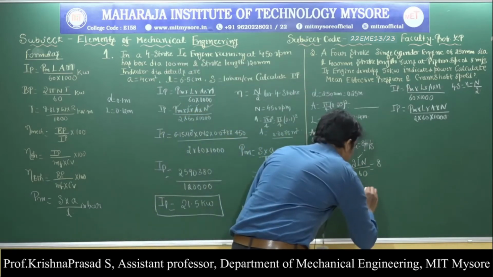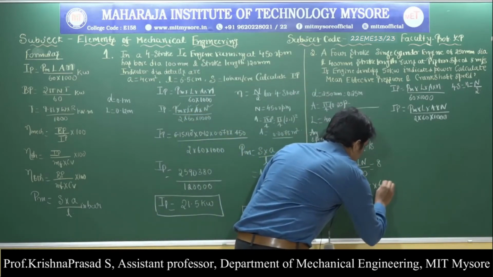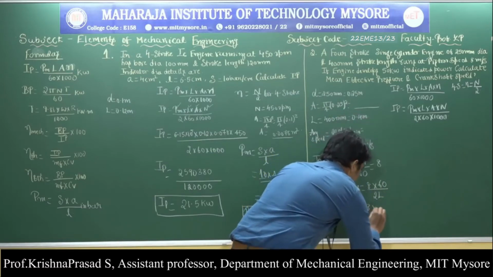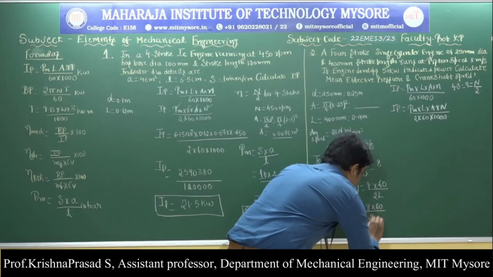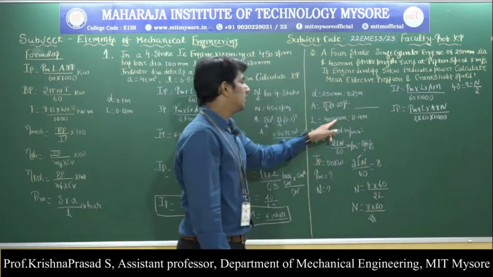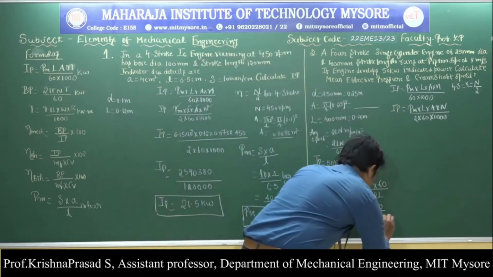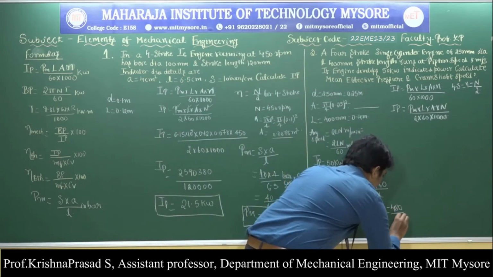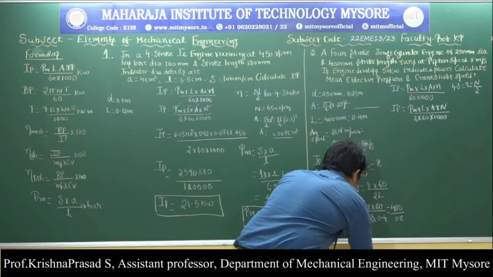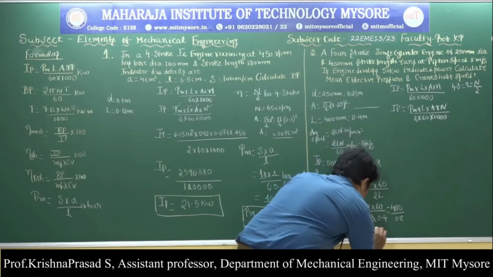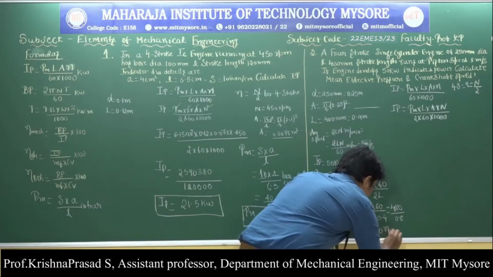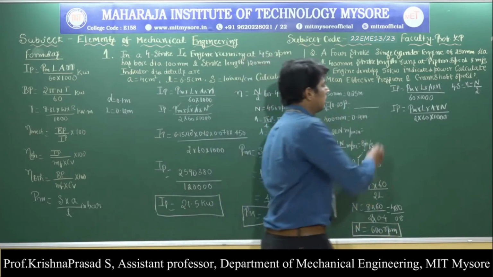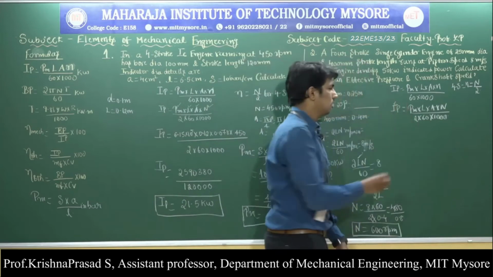That is N is equal to 8 into 60 divided by 2 into L. 8 into 60 by 2 into, what is the value of L? L is 0.4. That is 480 divided by 0.8, and this will be equal to 600 rpm.